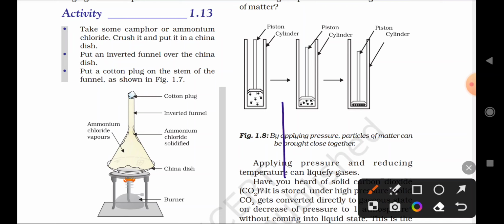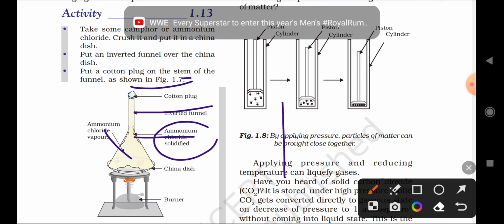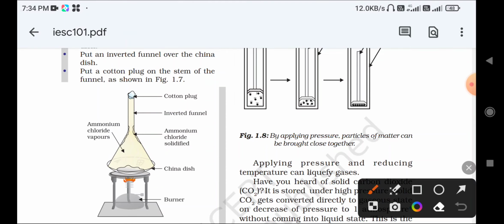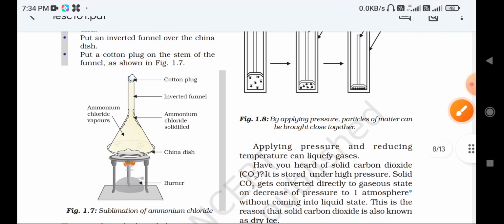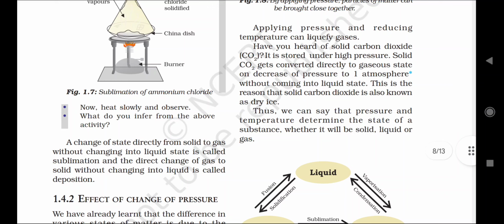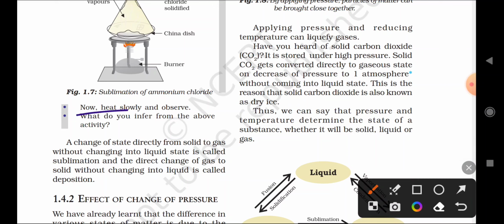This is the cotton plug, this is the inverted funnel, these are ammonium chloride vapors, this is solidified ammonium chloride, this is the china dish, and this is a burner. This is a simple activity. Now heat slowly and observe.